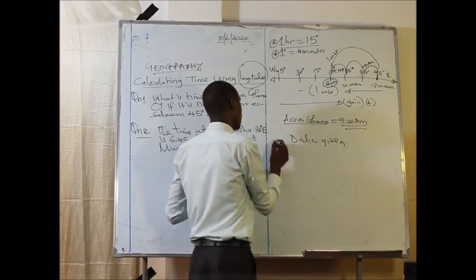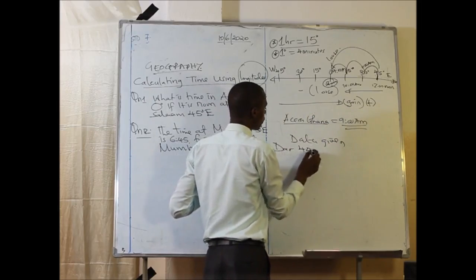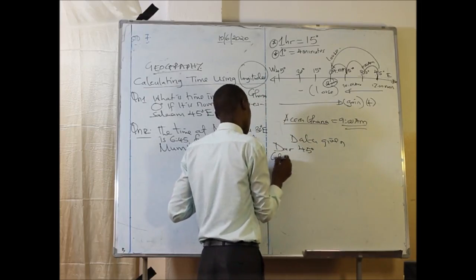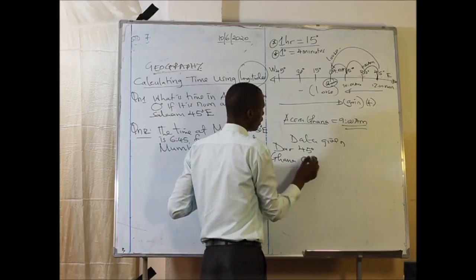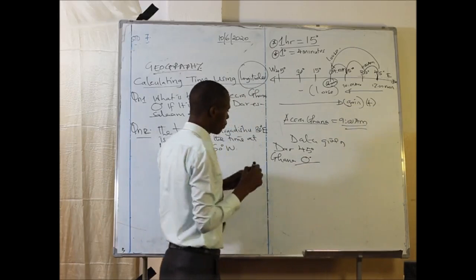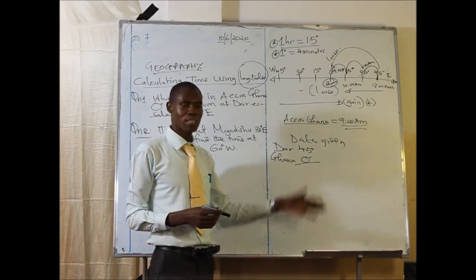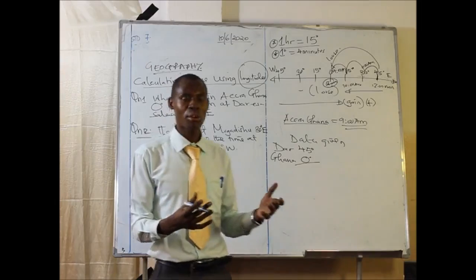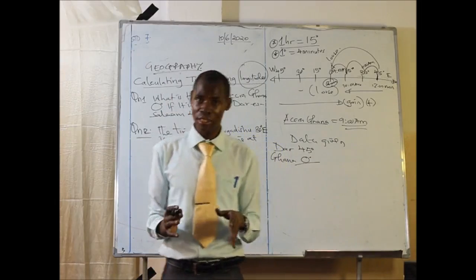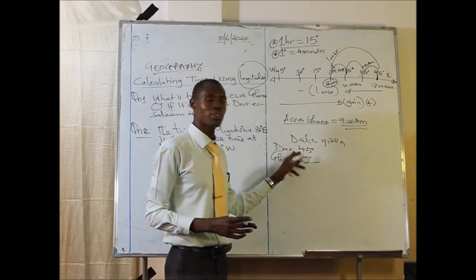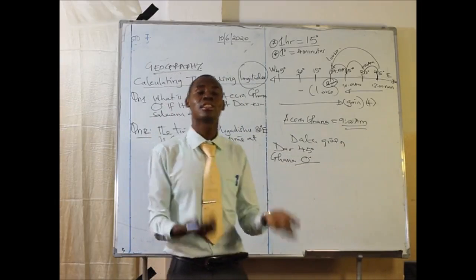Dar es Salaam, we have been given 45 degrees; Ghana, we have been given 0 degrees. From here, we can change degrees into hours. Whether you add or subtract the degrees given, in this situation it will still remain the same.